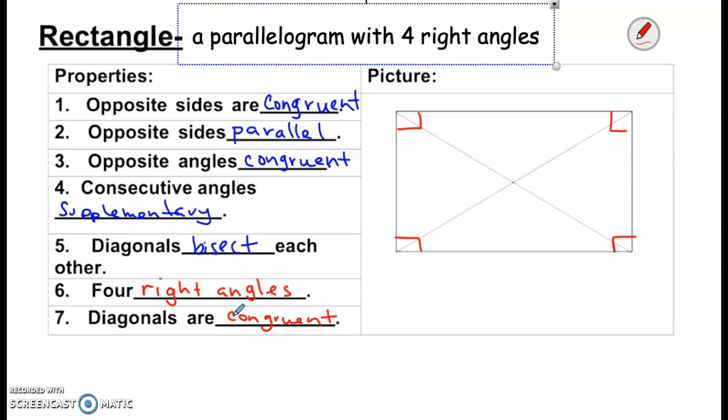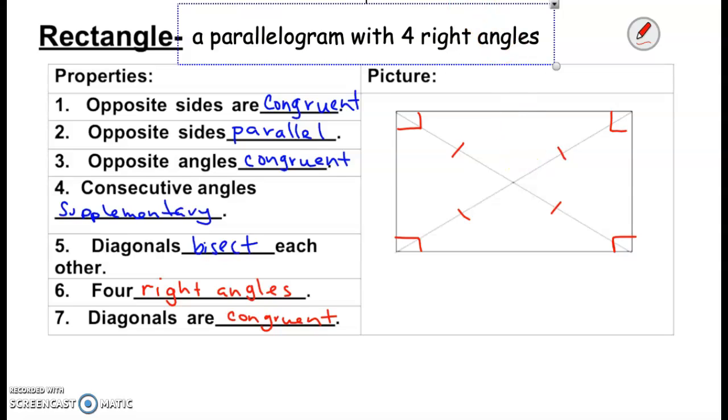So if we have 2 equal segments cutting each other in half, instead of having to do what we did with the rhombus, where we put tick marks here and then a different number of tick marks here, we actually get to say all of these lengths are exactly the same. All right, so that's what's unique to a rectangle.